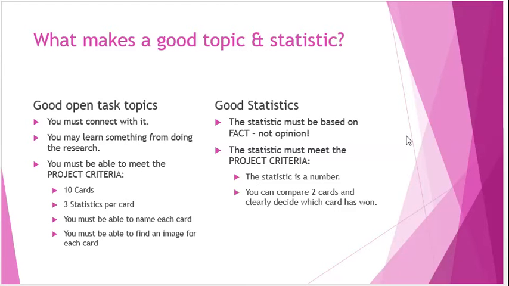The other thing that you need to bear in mind is that the statistic must meet the project criteria. So that means typically the statistic should be a number. Why? Because you need to be able to compare 2 cards and decide whether card A has beaten card B. Now, it doesn't mean that the biggest number necessarily is going to be the winner.